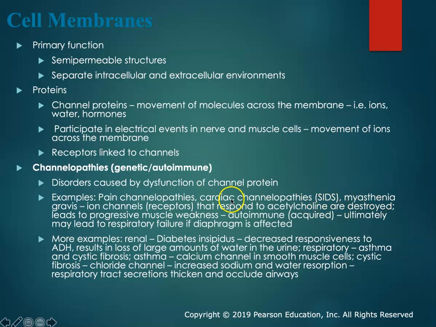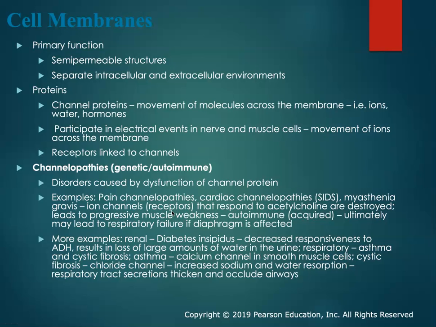Myasthenia gravis is an example of an autoimmune one, right? So I have written here acquired. In myasthenia gravis, ion channels that respond to acetylcholine are destroyed. So again, it says ion channels/receptors. The acetylcholine receptor itself is an ion channel.